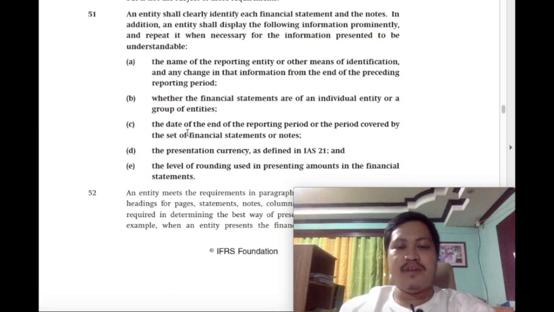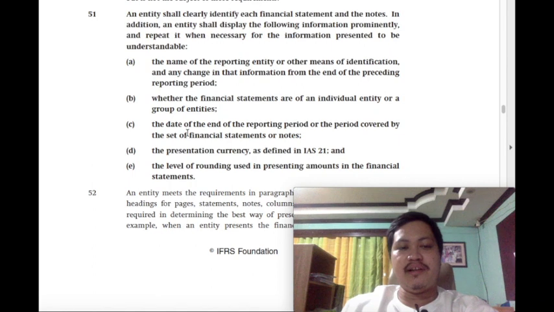The file I have given you gives you an illustration of a consolidated financial statement. Letter C, the date of the end of the reporting period or the period covered by the financial statements and the notes. So again, basically A, B, and C would be contained in the heading of the financial statements.